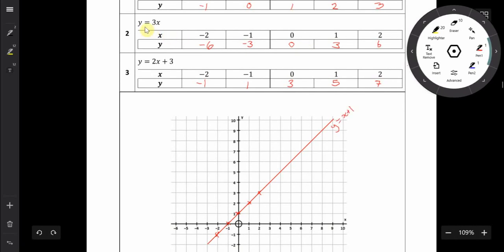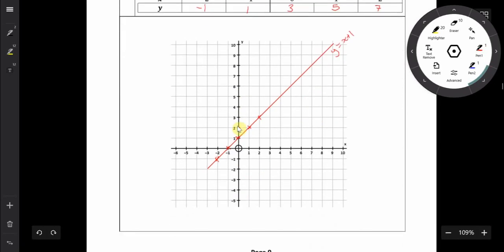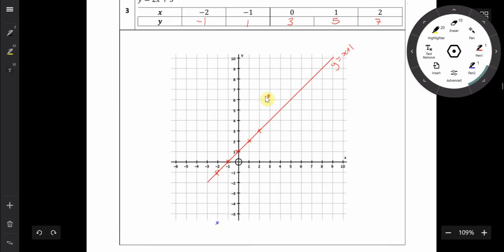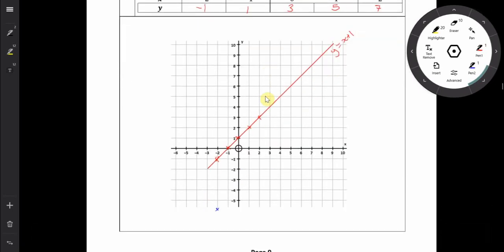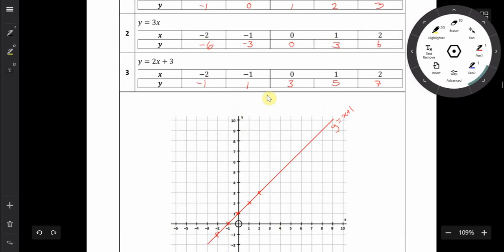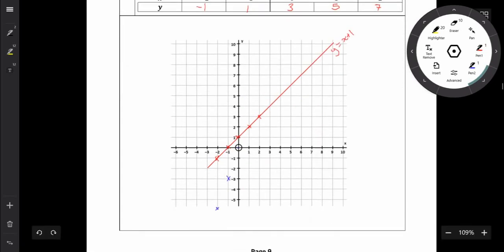Next graph, y equals 3x. I'm just going to change colour, do this in blue. So negative 2, negative 6. Now that would actually be off the grid, but it would be about there. Negative 1, negative 3, there. 0, 0, 1, 3, and 2, 6.